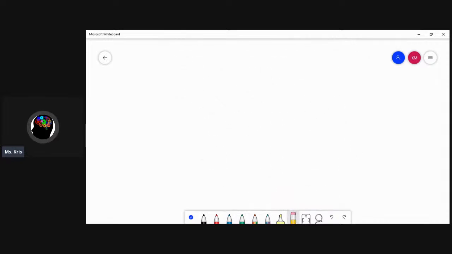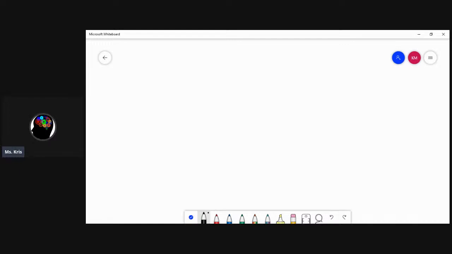All right, moving on. We are solving linear systems by graphing. A system of linear equations simply asks, where do these 2 lines meet?